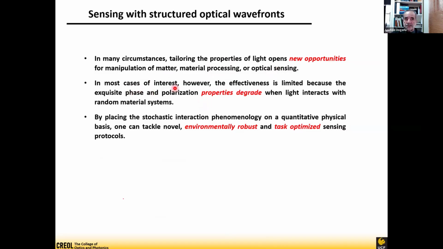And in most cases of interest, the effectiveness is limited, but again, there is a blessing in disguise, because the degradation of these properties is a process that carries information about the medium that the light interacts with, and therefore can be exploited in an inverse problem. And this stochastic interaction phenomenology really can be the basis for robust environmental sensing, like I showed you a few examples.